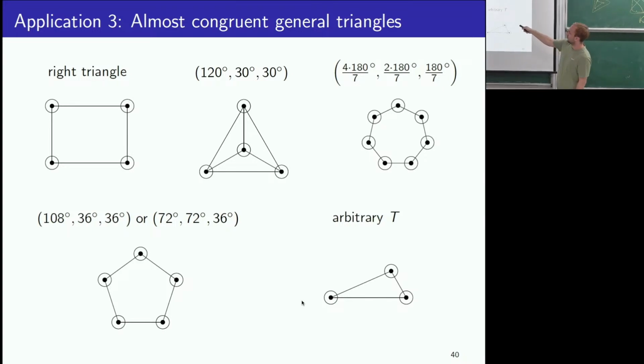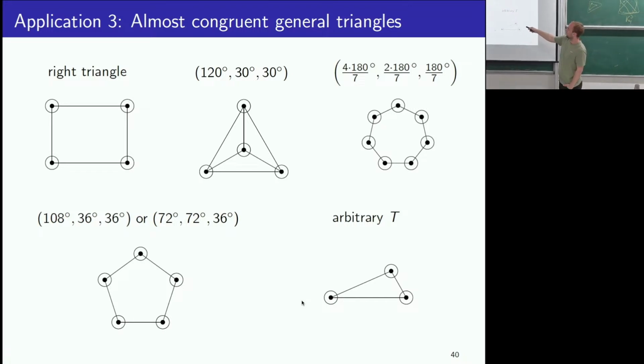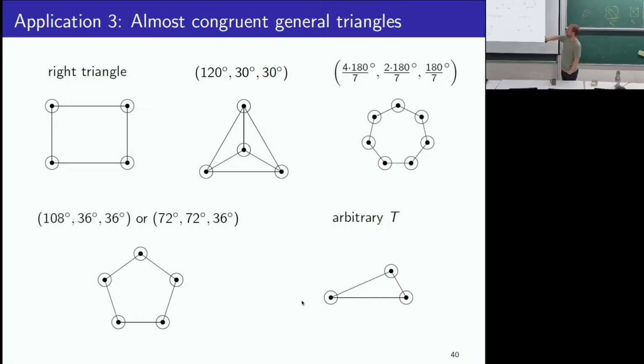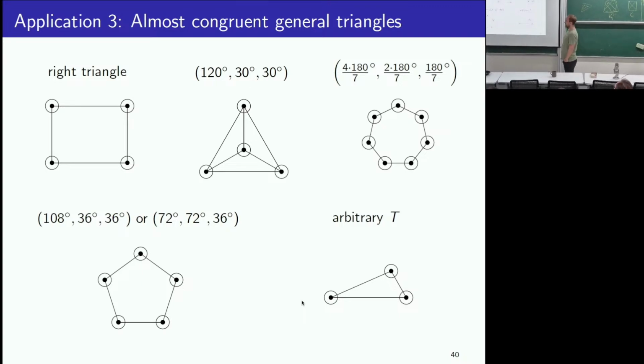Now you look at one more construction. For the right triangle, you're going to work with a rectangle, and you again have 4 disks of very small radius, and you throw your points inside. For the 120, 30, 30 triangle, something slightly different is happening. We're also going to work with 4 points. 3 of them are on an equilateral triangle and 1 on its center.